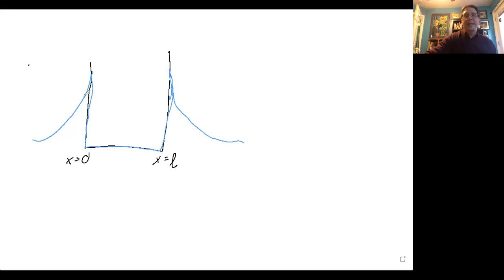And so you have this barrier that, in classical mechanics, the particles within the nucleus wouldn't be able to penetrate. But in quantum mechanics, it's allowed.